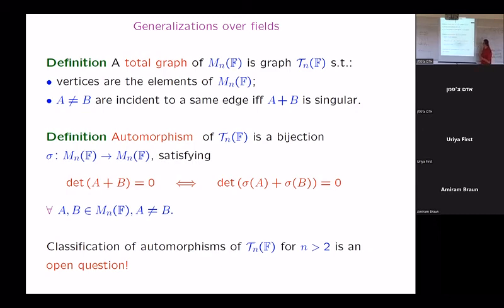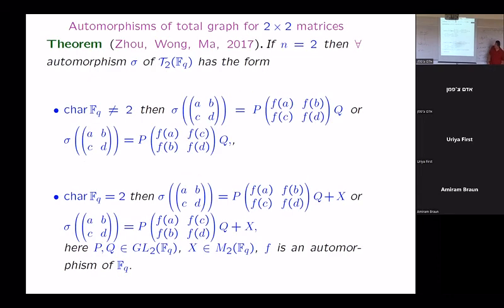It was an open problem to find the set of automorphisms for the total graph. People were considering this problem, and some results are available.